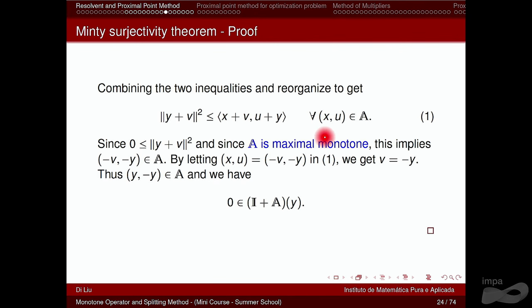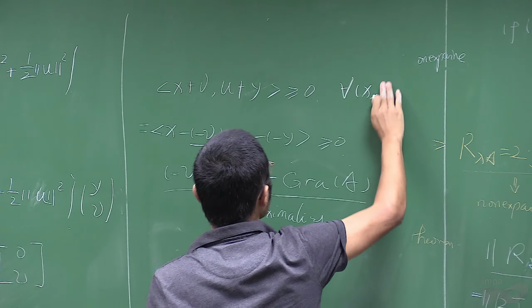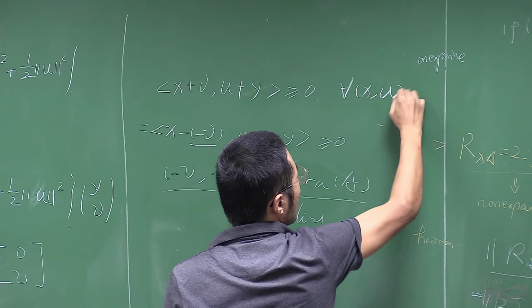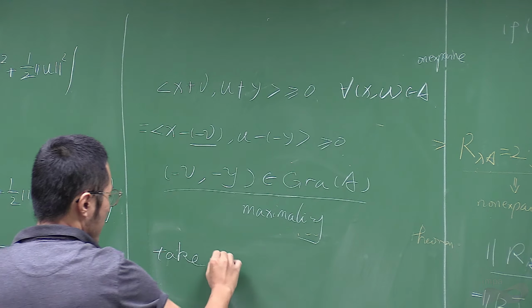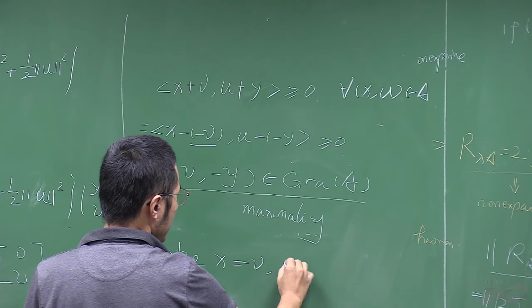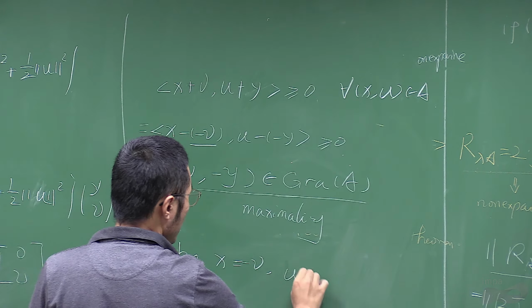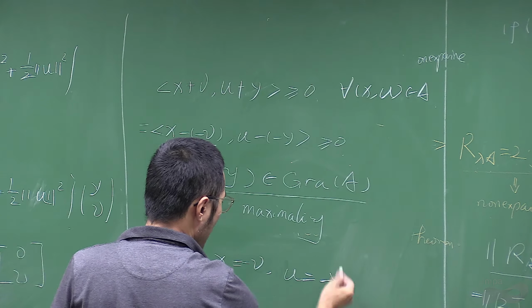Okay, since this pair x u v is any pair in the graph of A, so this holds for any xu belongs to A. So we can take x equals to the minus v, and u equals to the minus y.